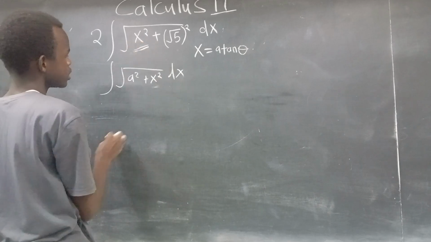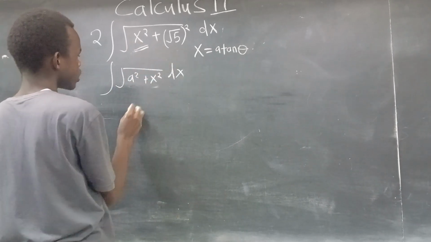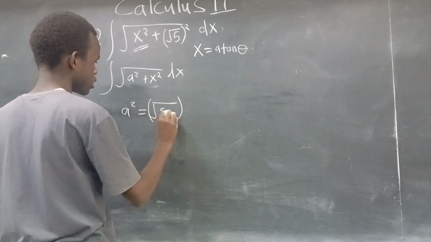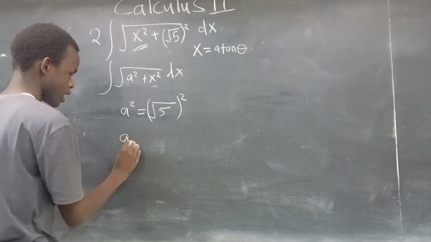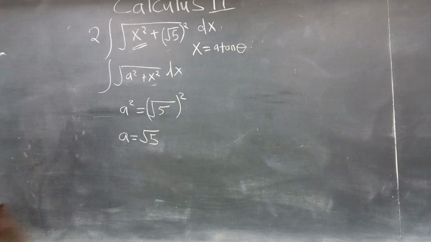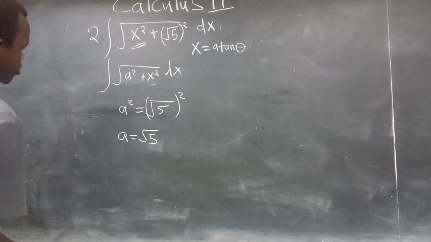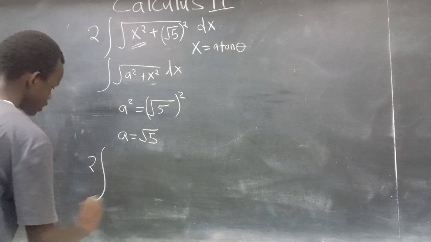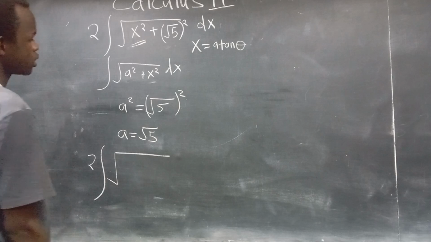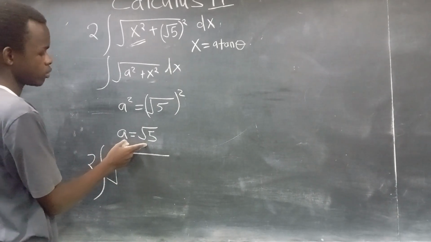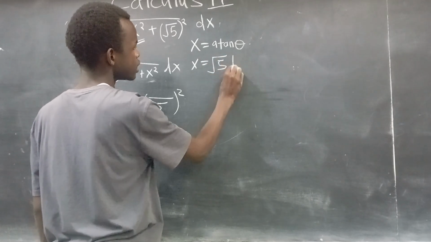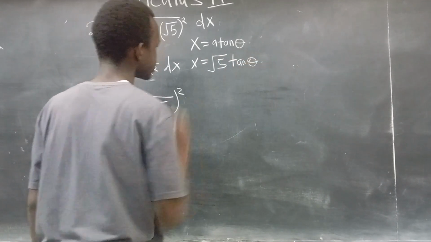This is my x squared, and my a squared is all this part. So my a squared is the same as root of 5 squared, so my a alone will be just the square root of 5. Just replace into the formula. So what's my a? My a is the square root of 5, so my x is the same as root of 5 tangent of theta, right?